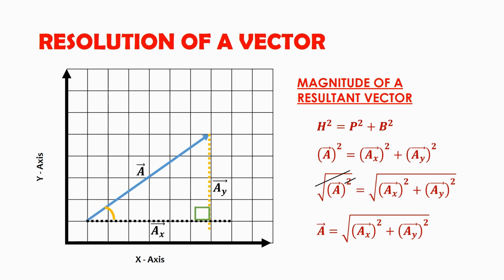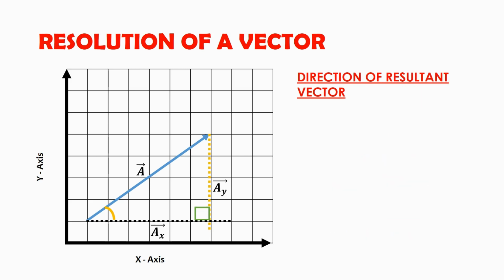Now we are required to get the direction of the resultant vector. Whenever we are getting the direction of a resultant vector, we use tan theta equals perpendicular upon base. As we all know, tan theta equals perpendicular upon base, where perpendicular is your ay and base is your ax.